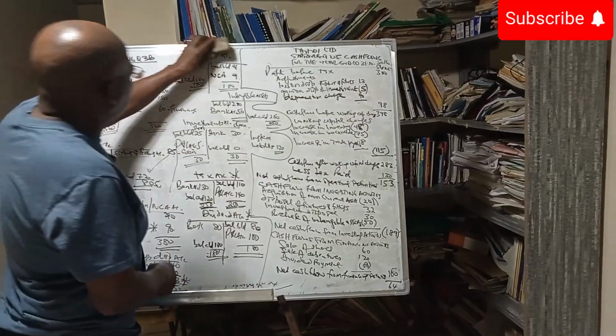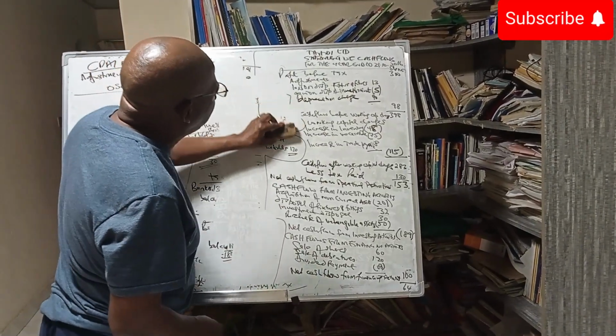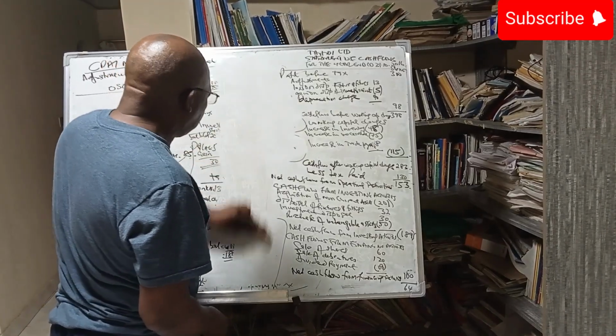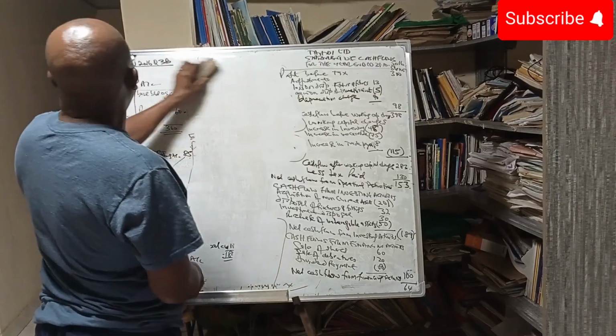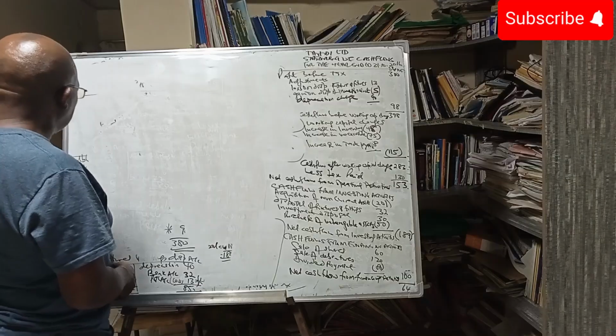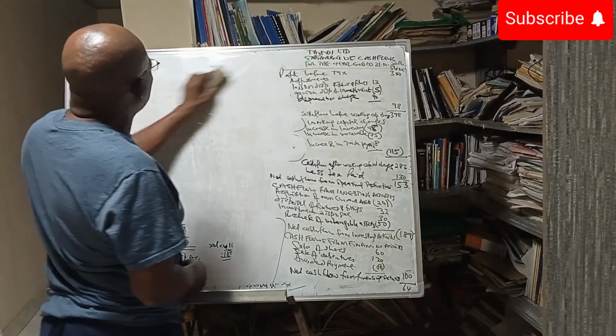And therefore, what do we do? We now ask ourselves, what is the cash and cash equivalent that we had at the beginning of the period? And therefore we add cash and cash equivalent.